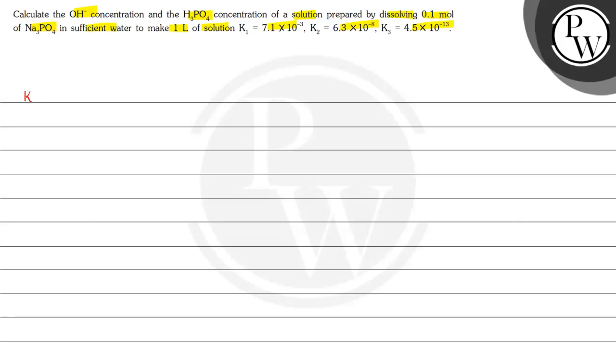So here I'll start the solution, and first we start with the key concept in this case. At first Na3PO4 reacts with water and results in Na2HPO4 plus NaOH.